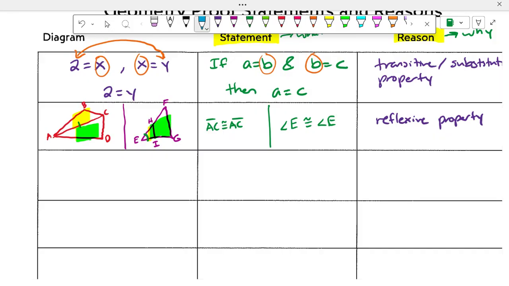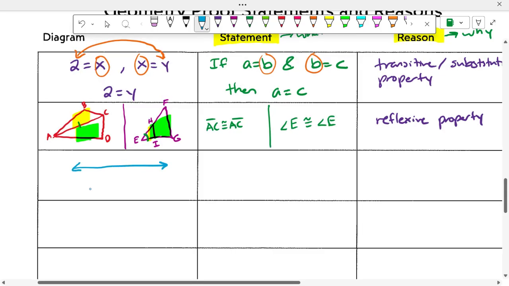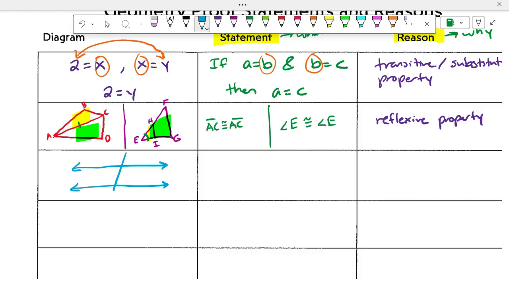Now, the next one, let's say I had two parallel lines cut by a transversal. All right, so remember also when we were doing your pre-ACT stuff, I had you looking at theorems with parallel lines.